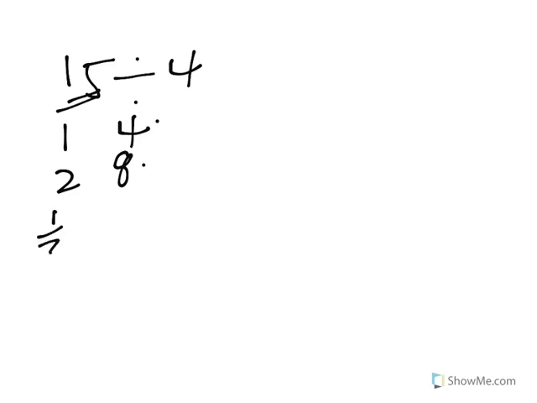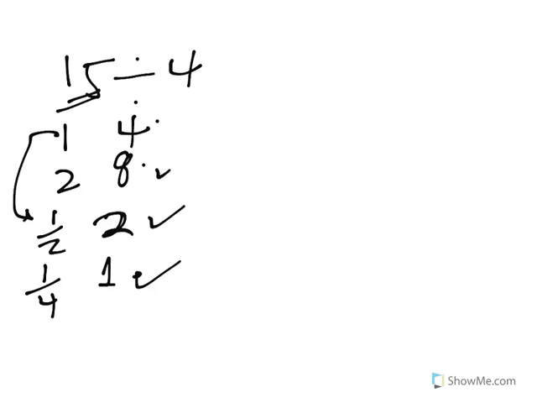Well, if I take half, this is half of the first line. That would get me 2. That's good because I needed 3 more. So this 2 is going to lead me to dividing everything in half again. And now all 4 of these things add up to 15. So the answer is 3, 1/2, 1/4, which is the same thing as 3 3/4.